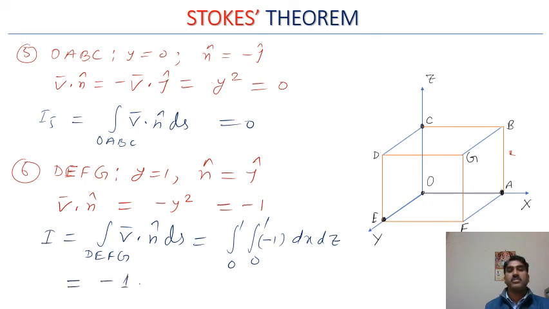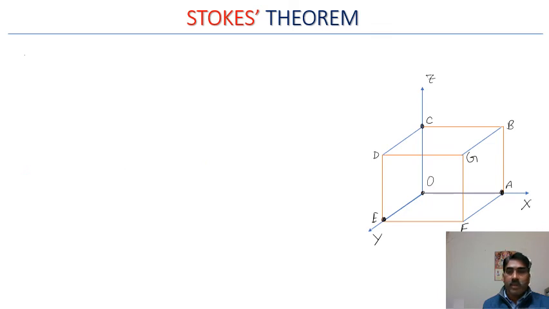So now let us sum all of I1 to I6 to get the integral I, which is the integral over the surface of the cuboid of V dot N dS.